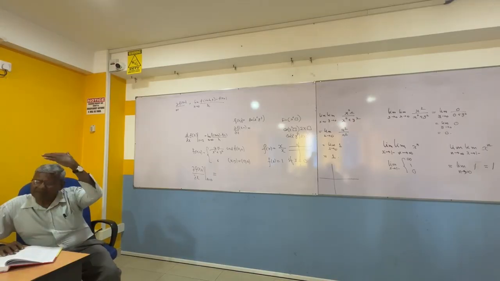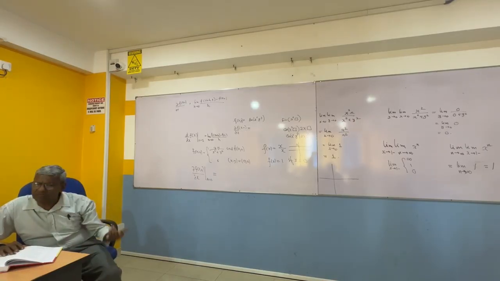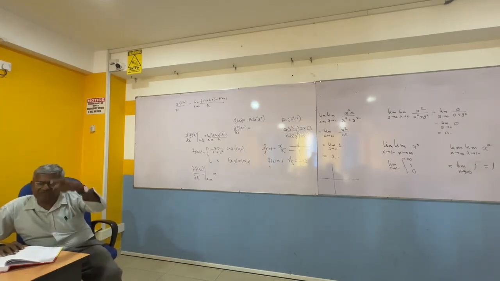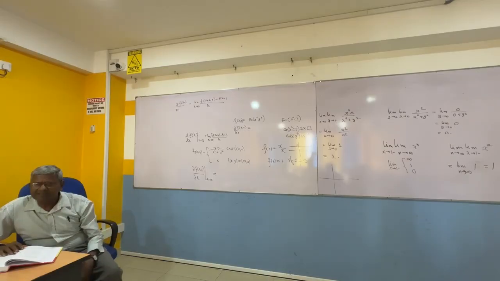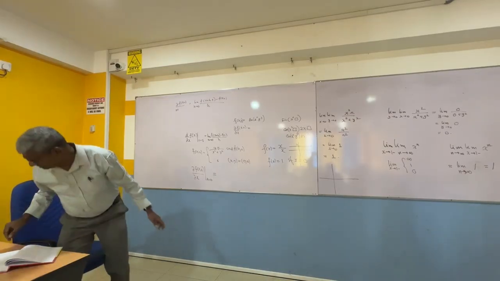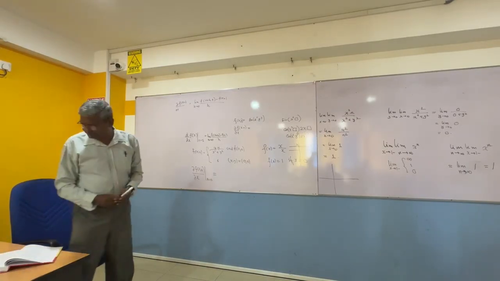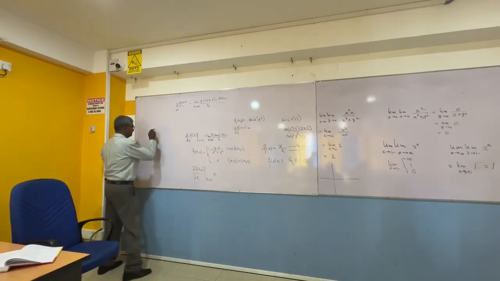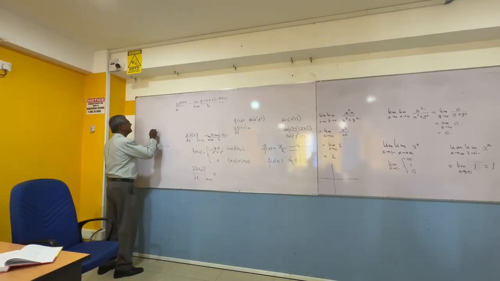Now, for instance, 1 over x does not have a limit as x tends to 0, you know that, right? There is nothing like that, because the graph of 1 over x is something like this, no?